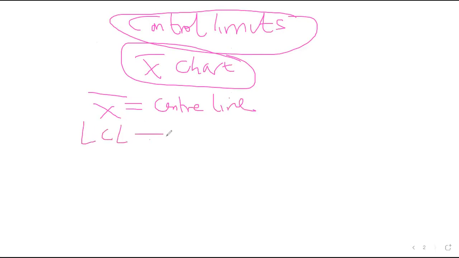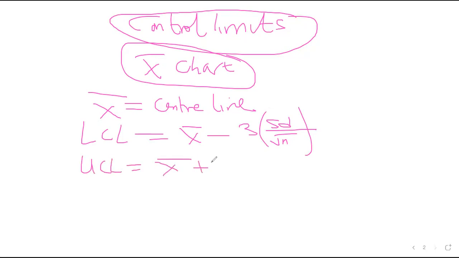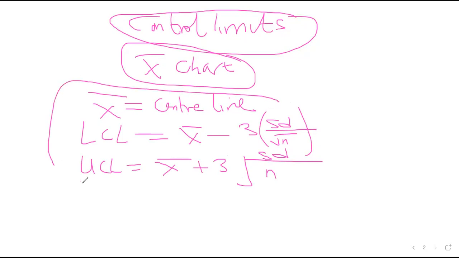Our control limit is X bar plus or minus 3 SD over the square root of N. Upper control limit is X bar plus 3 SD over the square root of N. This is how we are looking at the X bar chart.